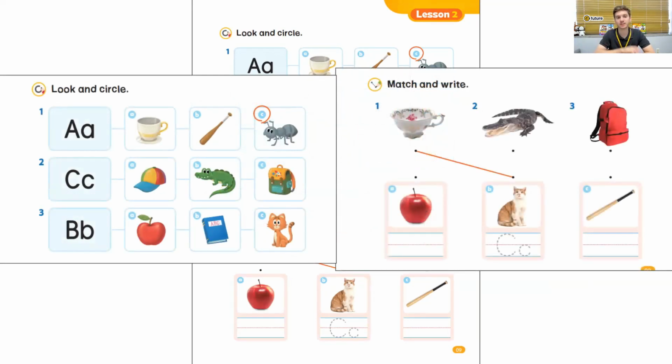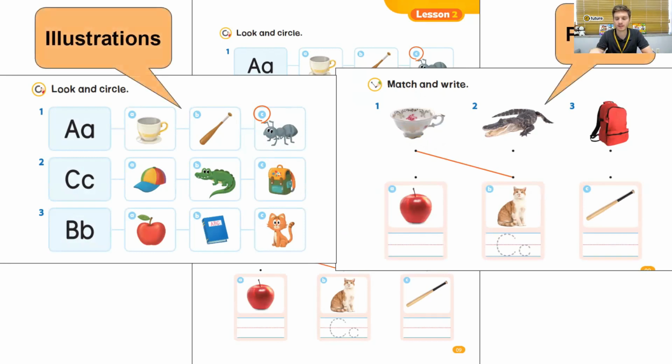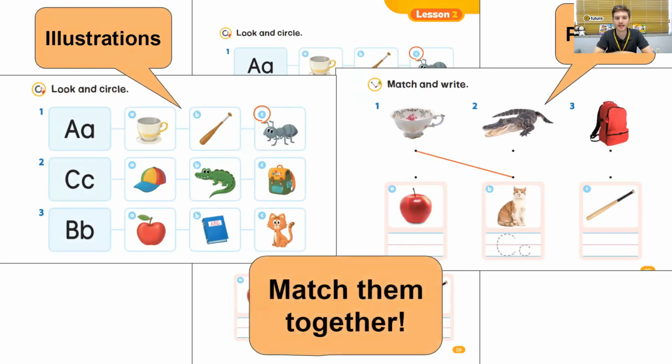They can see the illustration of the cup, for example, and then try to match it with the photo of the cup, okay? So that's just another way to make connections. Yes, illustrations, photos, and match them together.